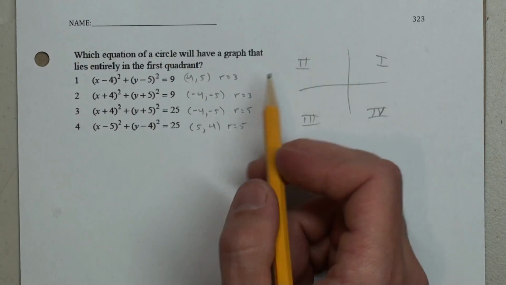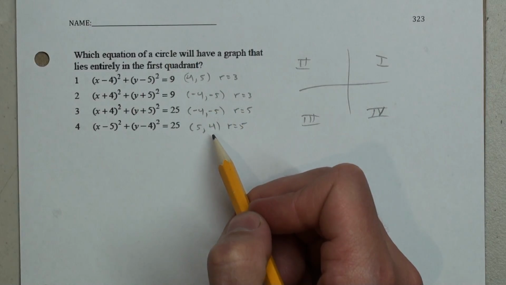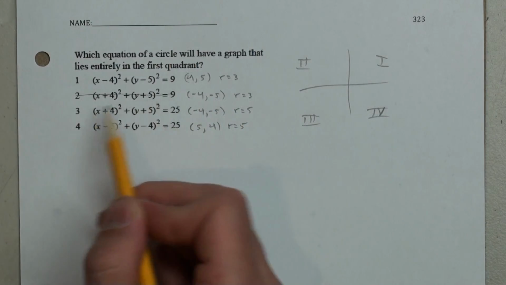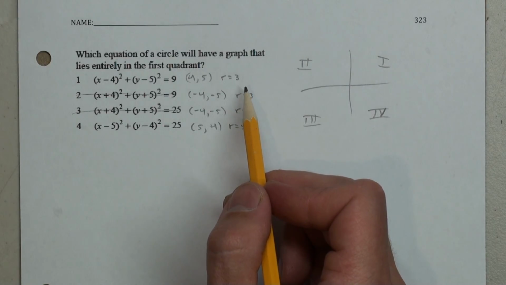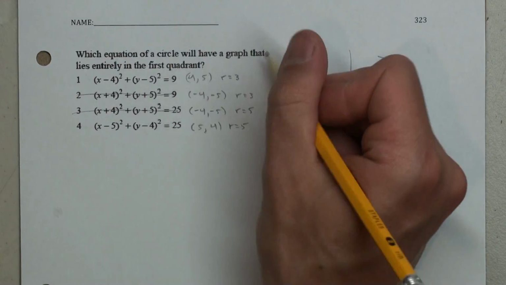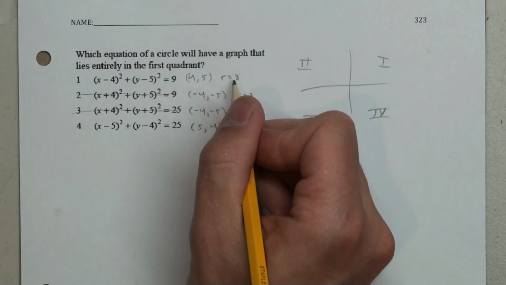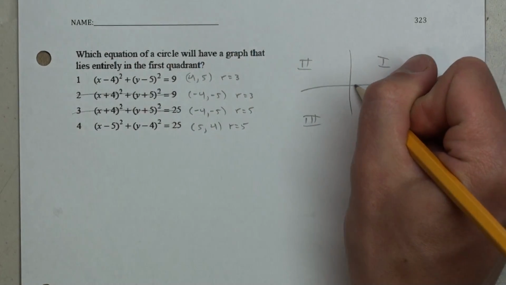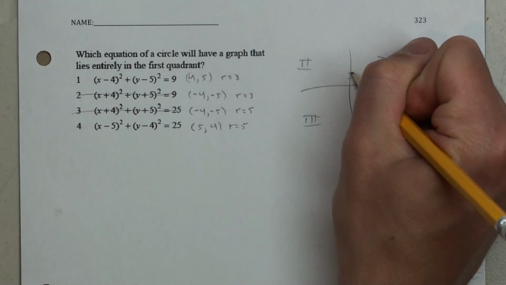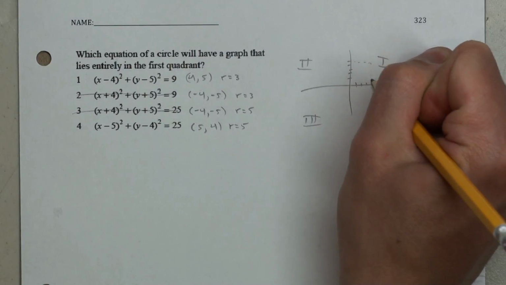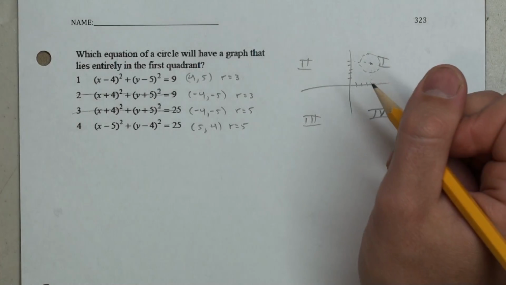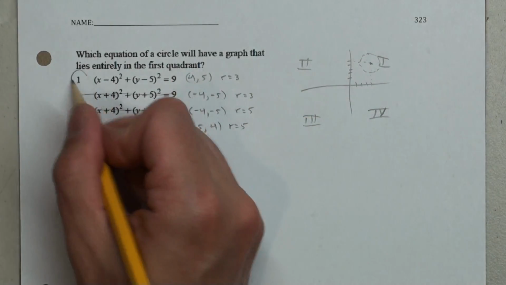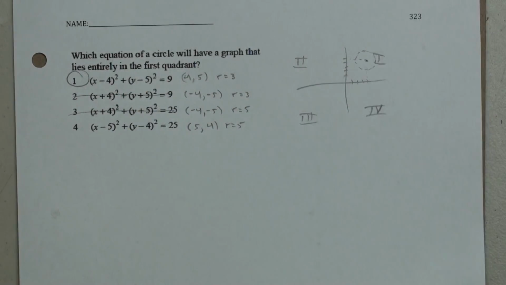Oh, first quadrant. So we know it's not this and it's not this. It's going to be this one with the smaller radius, 4 over, 5 up with a smaller radius. Okay? Choice 1. And you could plot that to check.